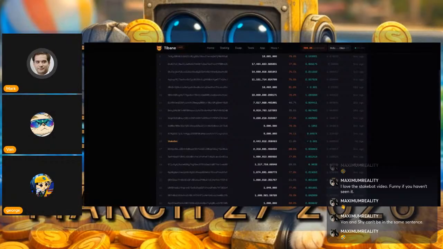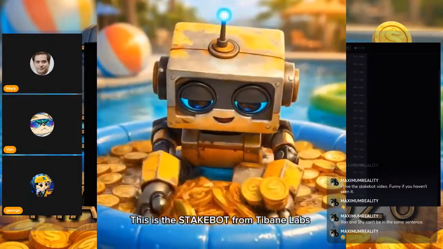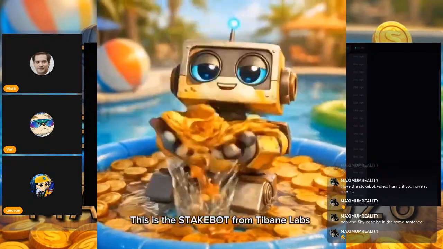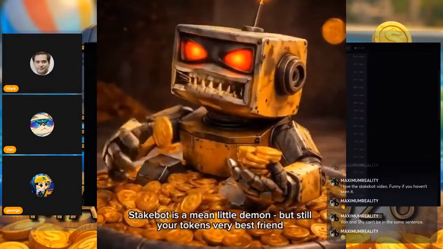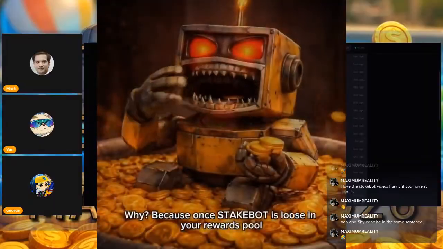Looks like the video is ready. Let me try that. All right. This is important. You see this little guy here? This is the StakeBot from Tibane Labs. Cute, isn't he? StakeBot is a mean little demon, but still your token's very best friend. Why?